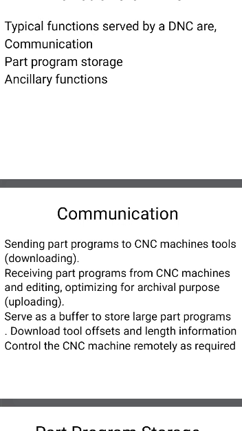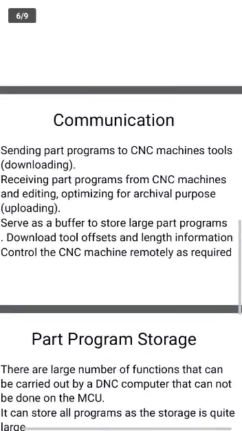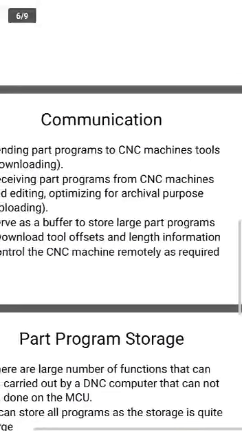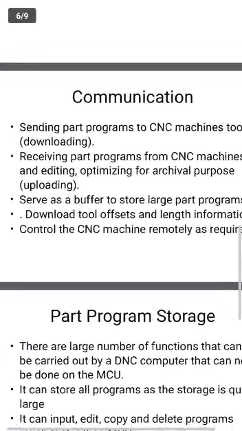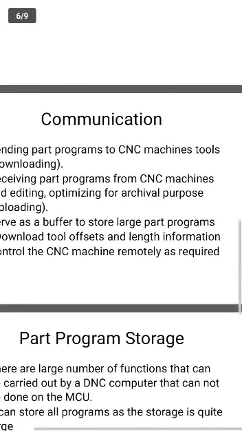So from a single computer, DNC controls and collects the data from the different machines, through direct connection and in real time. That is called communication. It receives the part programs from the CNC machine and serves as a buffer to store large part programs, sends part programs to the CNC machine tool, controls the CNC machine remotely as required, and downloads tool offsets and length information.